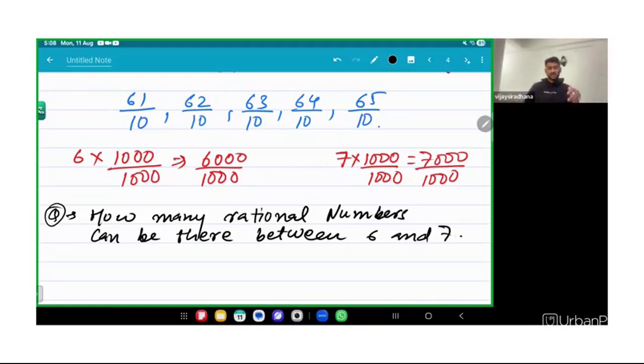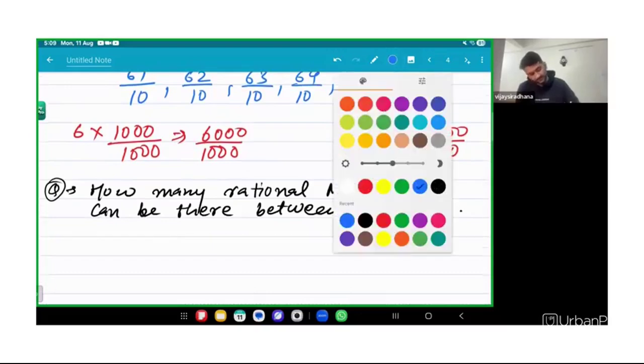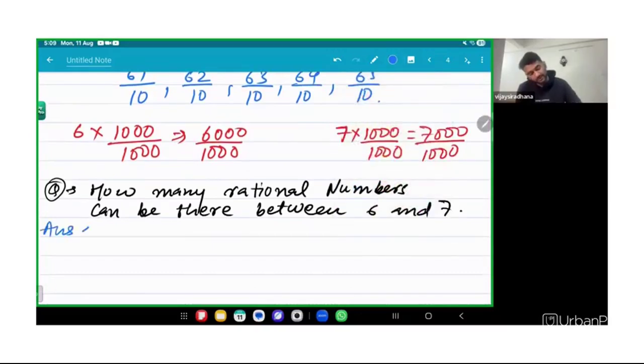The answer is infinite. Between any two numbers you can get n numbers. How? You just multiply with something like 10 lakh or 1 crore, and divide by 1 crore. So you'll get the values and keep on writing. So you can go till infinity, right?